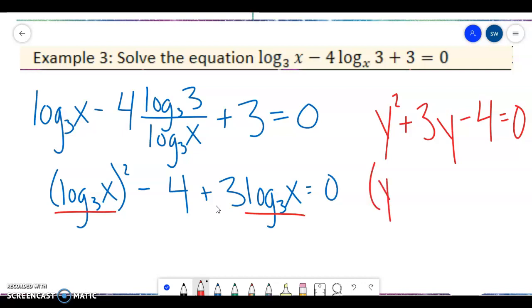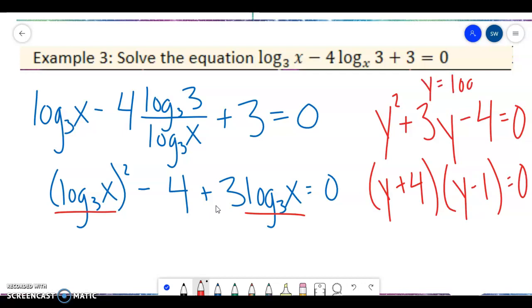Now it's just a quadratic, so we factor. That would be y plus 4, y minus 1 equals 0. So we have y equals -4 and y equals 1. Well, we just said y was equal to log 3 of x. So really we have log 3 of x equals -4 and 1.